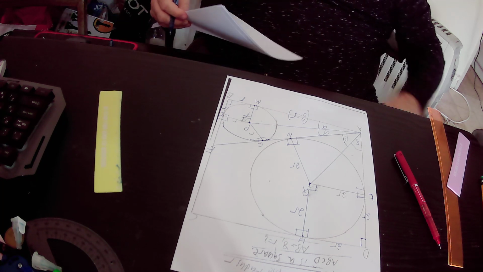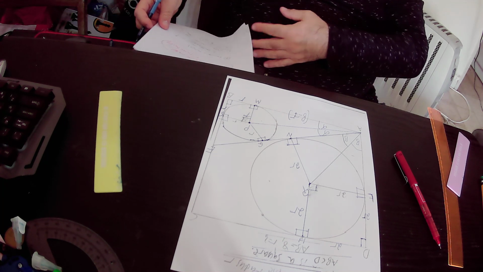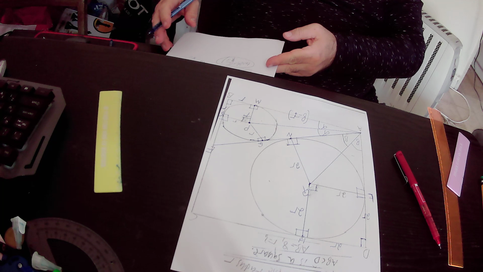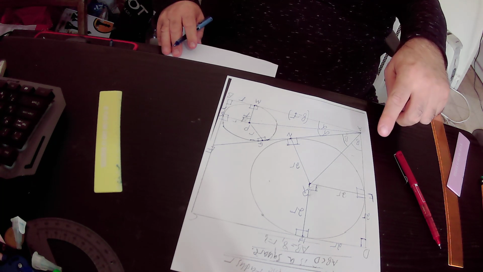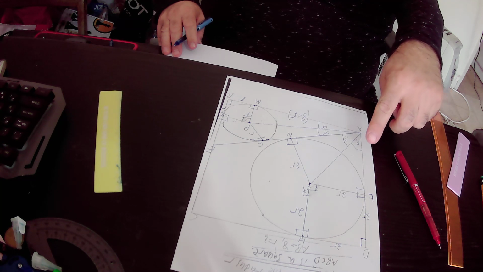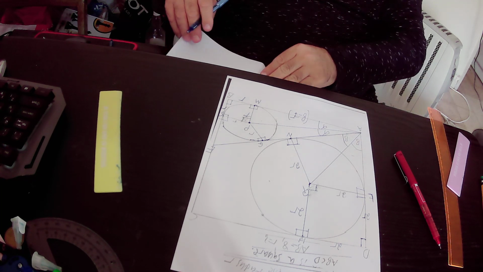Likewise, we will do the same thing in order to find the value of tangent beta. We will focus on the right triangle ALQ.